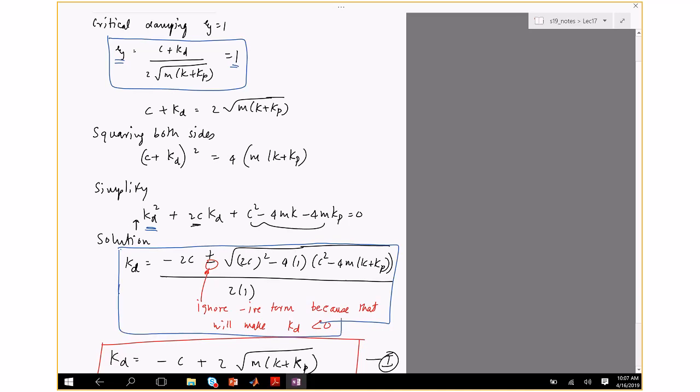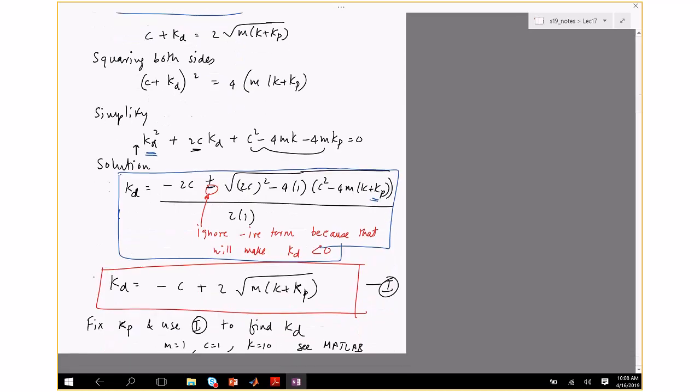Plus or minus. I ignore the negative one because the damping has to be positive. So there's only one root which is of physical meaning. But this Kd is a function of Kp, and Kp you can choose. So it's really, you fix a Kp, and this equation gives you Kd, and so that system will be critically damped.